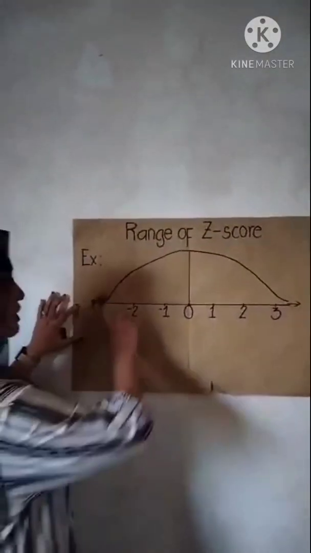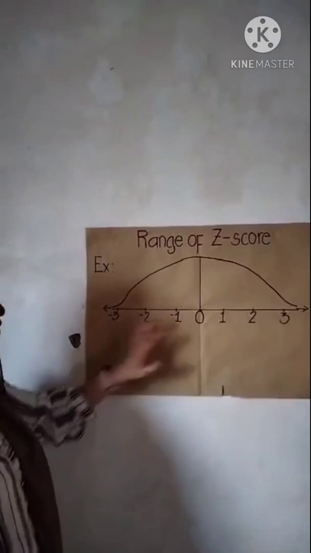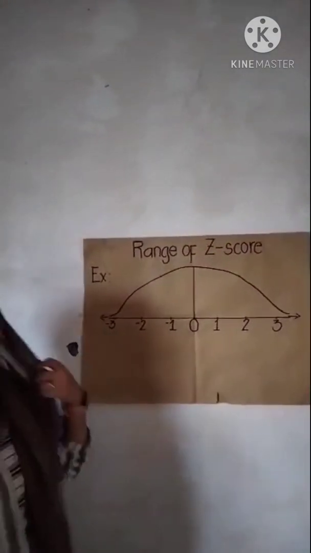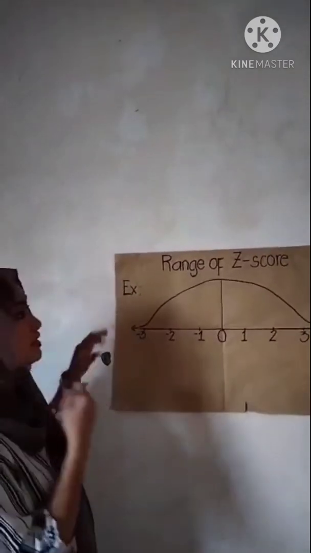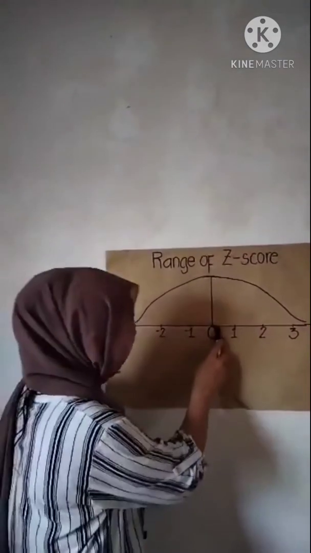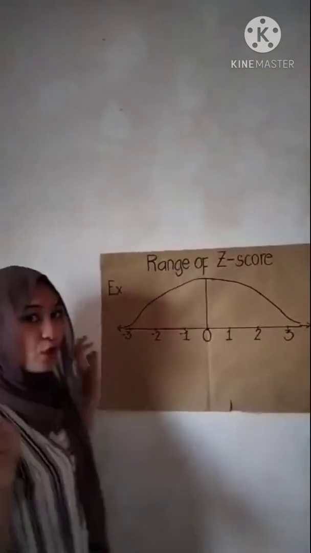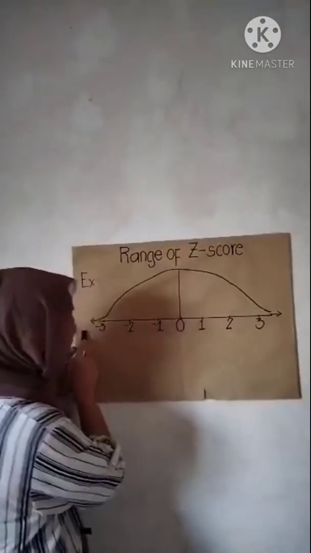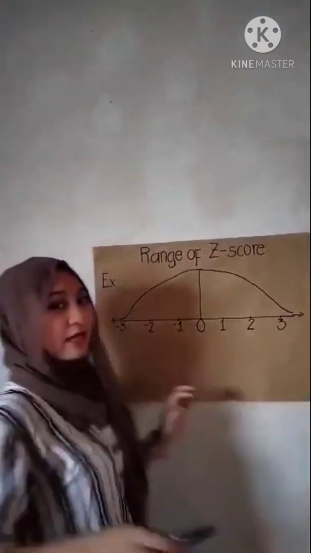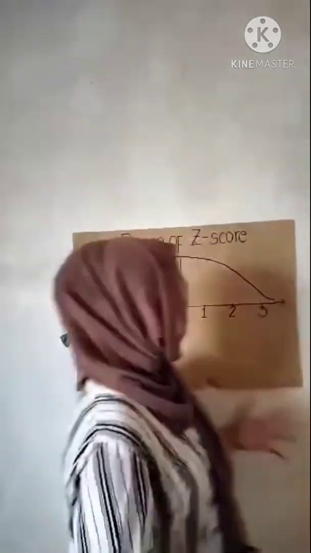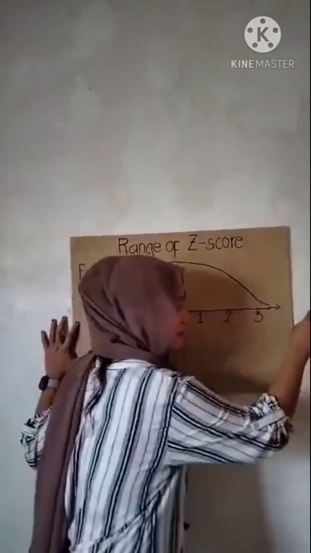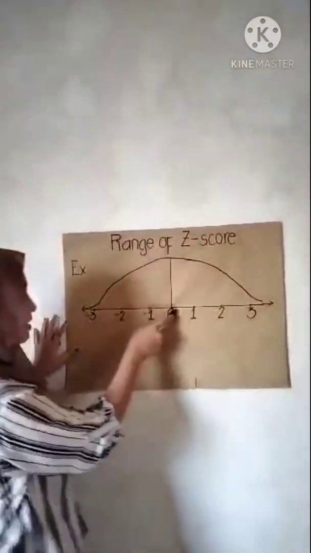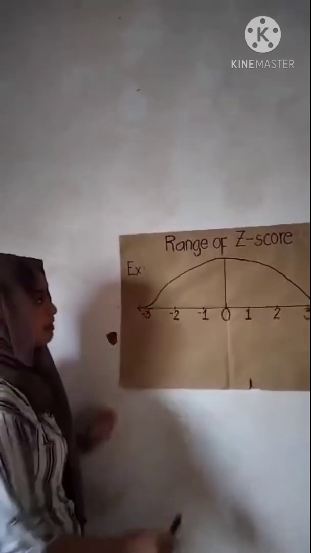This figure elaborates on how to use the range of Z-score. When we measure using the range of Z-score, we start at 0. When your problem resolves positive, we start from 0 to the right side. And if your problem resolves negative, we go from 0 to the left side, because it is negative, and the right side is positive.